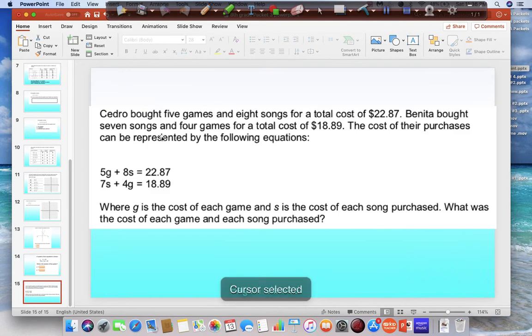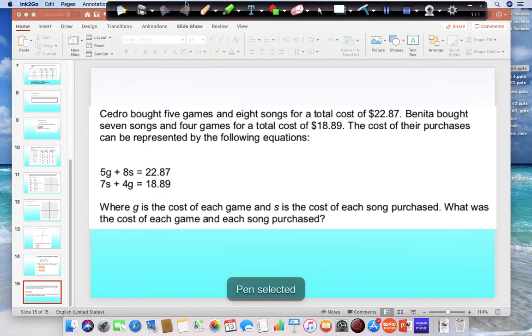Last one, yay! Okay, it says Cedro bought 5 games and 8 songs for a total cost of $22.87. Benita bought 7 songs and 4 games for a total cost of $18.89.